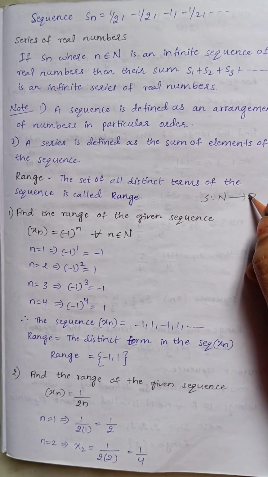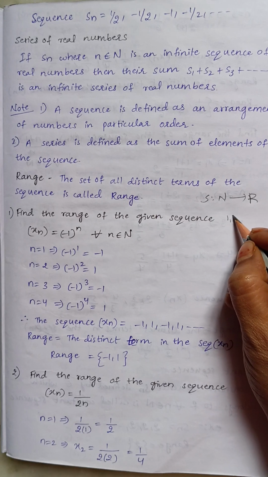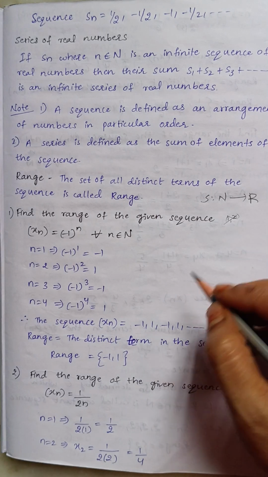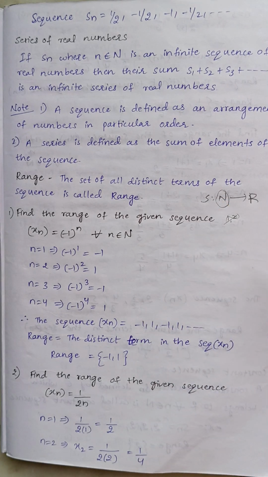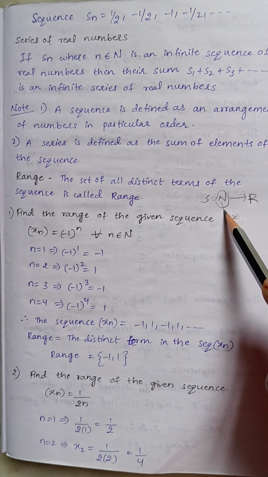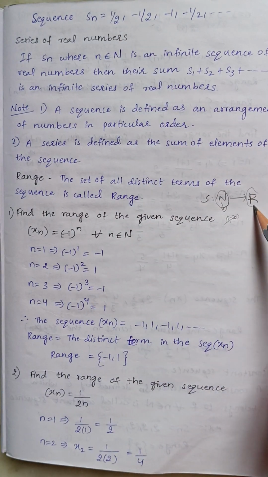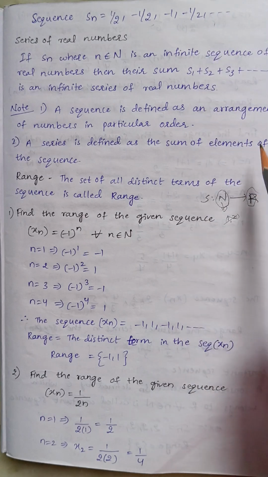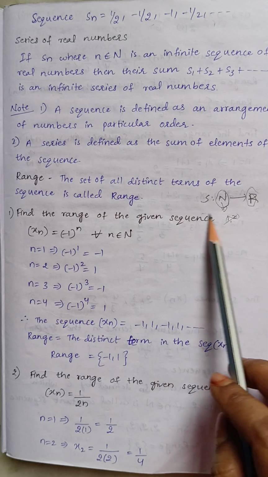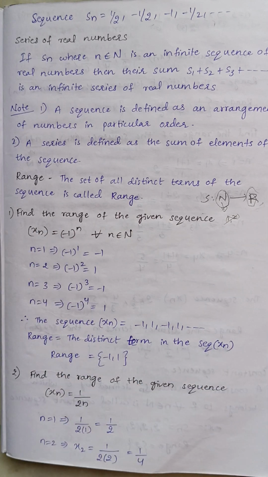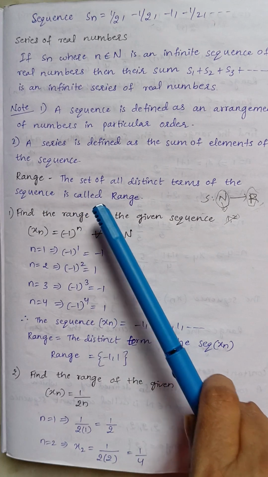In a sequence we are not writing the domain every time, because we always substitute 1, 2, 3, 4 and so on. We only write the second terms. The range is the second set in the function, so the set of all terms of the sequence is called the range.